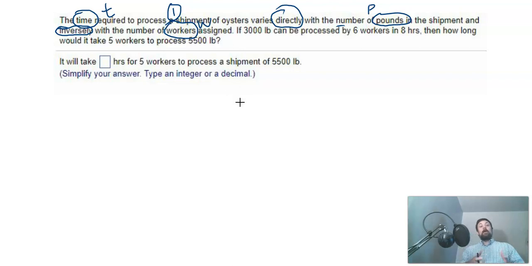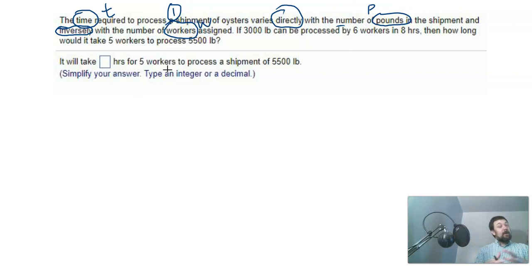Once you've decided what your variables are and what letters to use, you can ignore the background information, at least for this part. So let's reread the description, but with only the variables. T varies directly with P and inversely with W. So it's just like the problems we were doing before now.